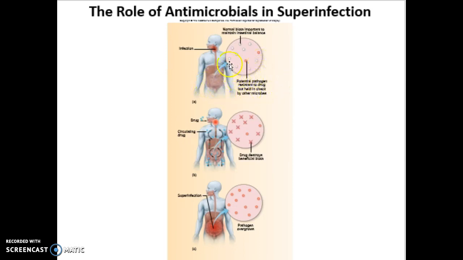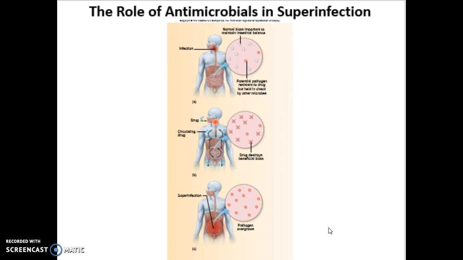The white colonies are the normal flora, and unfortunately the normal flora can get killed off with the drug treatment, and the red guys are going to be potential pathogens. When you kill off the normal flora, you leave all of this room open for the pathogens to amplify, and then this is what you have. And so now instead of having a gut full of healthy bacteria, you have a gut full of pathogenic organisms, and then in high numbers, the pathogenic organisms cause disease.